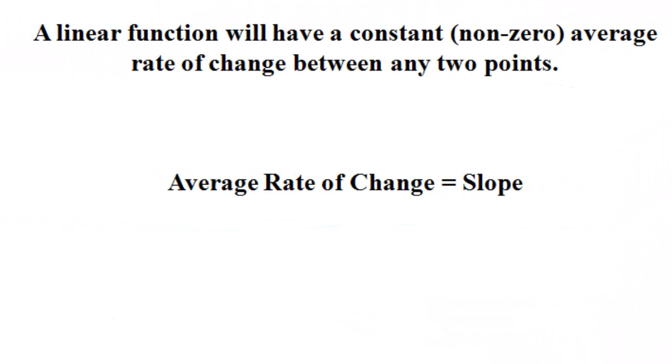A linear function will have a constant average rate of change between any 2 points. The average rate of change is the slope. So all that means is for a linear function we have a straight line, and so any 2 points from here to here or from here to there, the rate of change will be constant, or the slope will be the same.